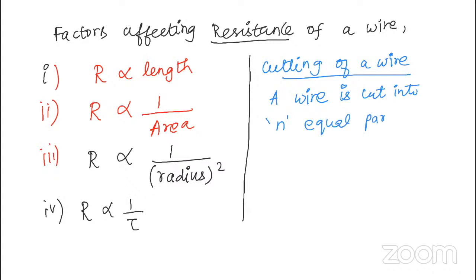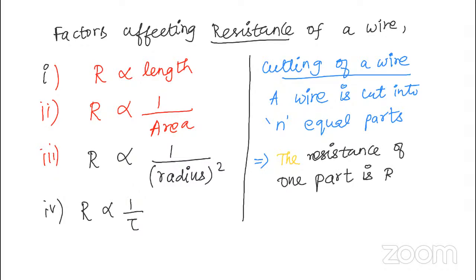Then the resistance of one part will be R divided by N. Okay, R divided by N. So these are all very, very important.